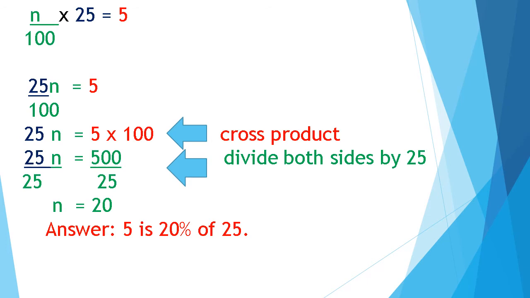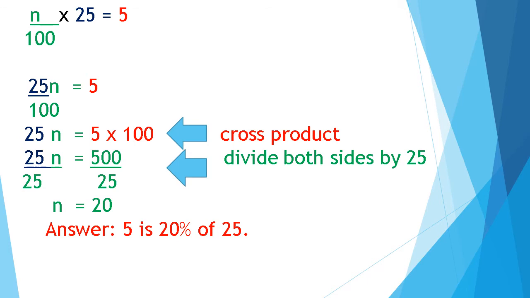So 25n is equal to 5 times 100. Now we are going to divide both sides by 25. So 25n divided by 25 is equal to 500 divided by 25.